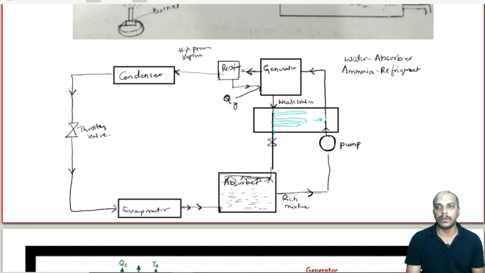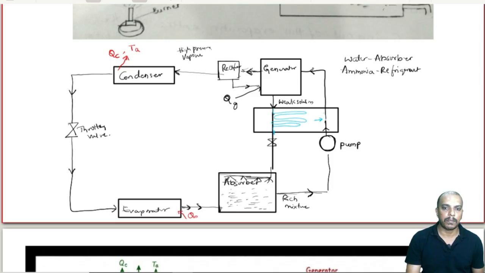All right. So this is our vapor absorption refrigeration system. Okay. Now we can also write the energy balance, we will try to do that. So the condenser should be rejecting heat to the atmosphere, let us call that QC, and the temperature at which this rejects the heat to the atmosphere is called TA. Now the evaporator should absorb the heat. Okay.